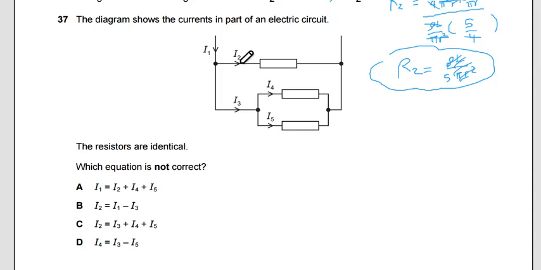I2 is leaving, I1 is entering, and I3 is leaving. This is true. I2 equals I3 plus I4, which is I3 plus I4 plus I5. This is not correct.